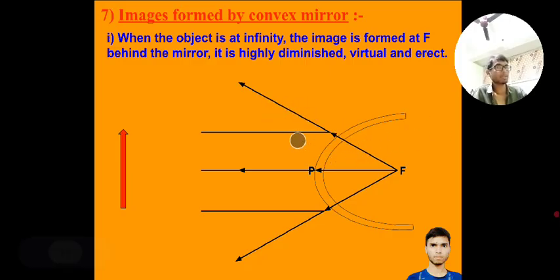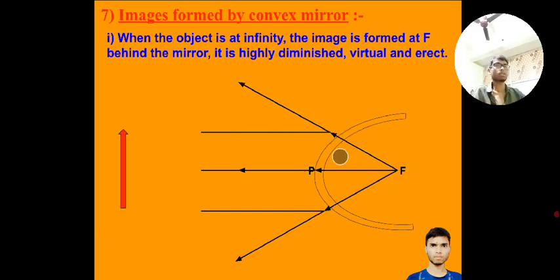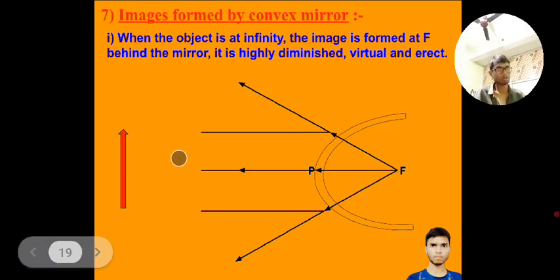That's why the rays will be traced back. They will be stretched so that they can show an imaginary image. As you know, when light goes parallel to the principal axis, it diverges like that, and this will be stretched and it will appear to emit from the focus.